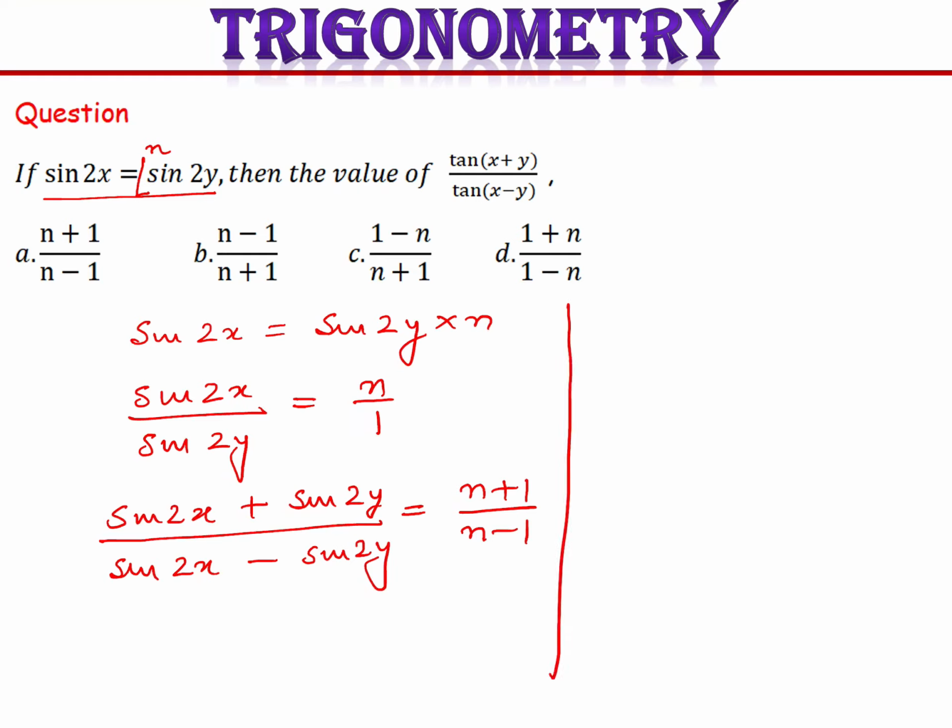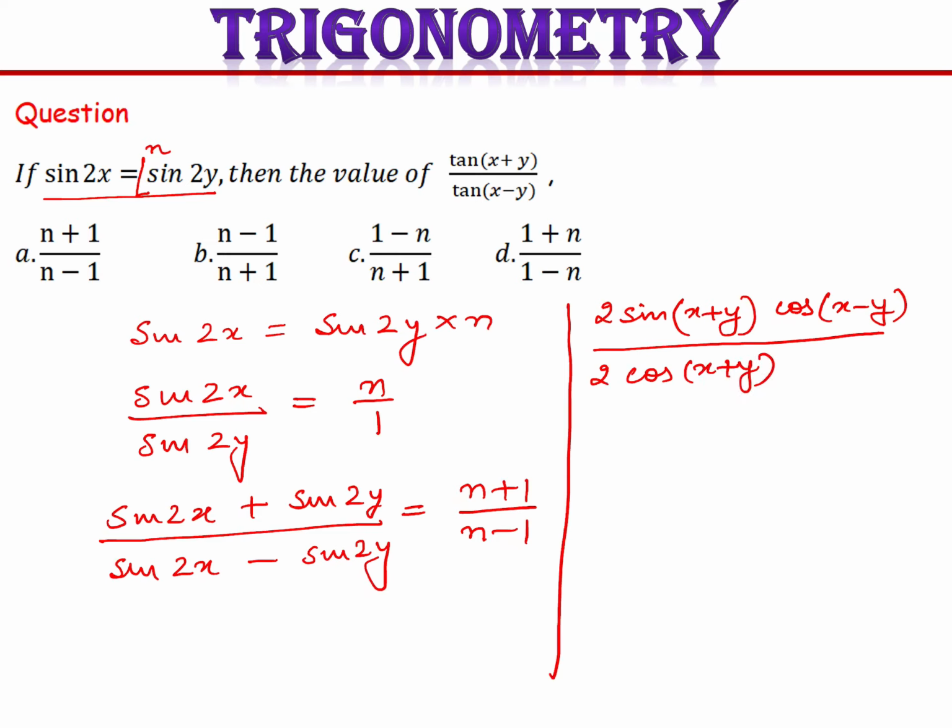Now see, here I will apply the formula of sin A plus sin B and sin A minus sin B. So I get 2 sin (x plus y) cos (x minus y), and on the other side, 2 cos (x plus y) sin (x minus y), is equal to n plus 1 upon n minus 1.